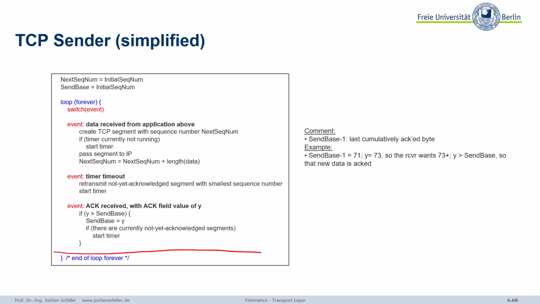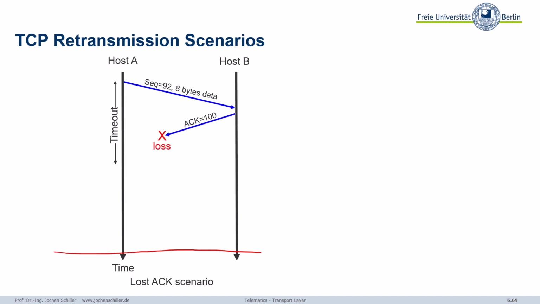Here you have a simple code for this. Okay, so how does it look? In our example, if everything is fine, we don't need retransmission, but life is typically not going that smoothly. So typically if we send something we may experience a loss. This could be a loss of the packet itself or loss of the acknowledgement.